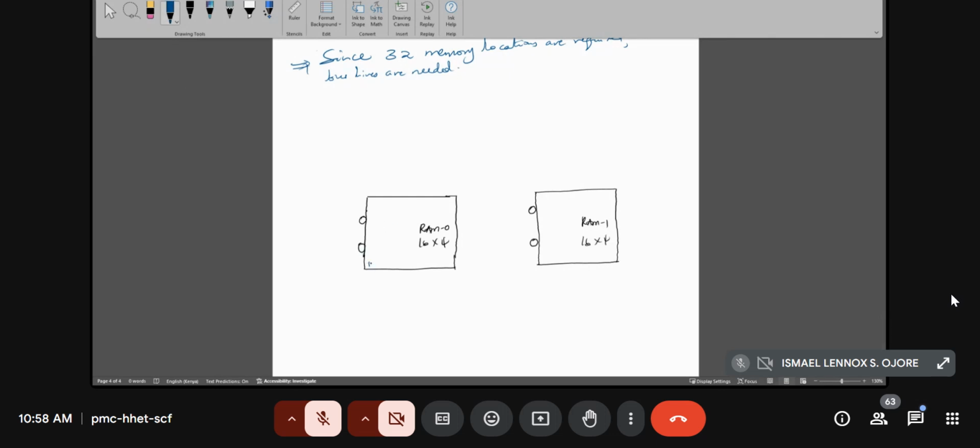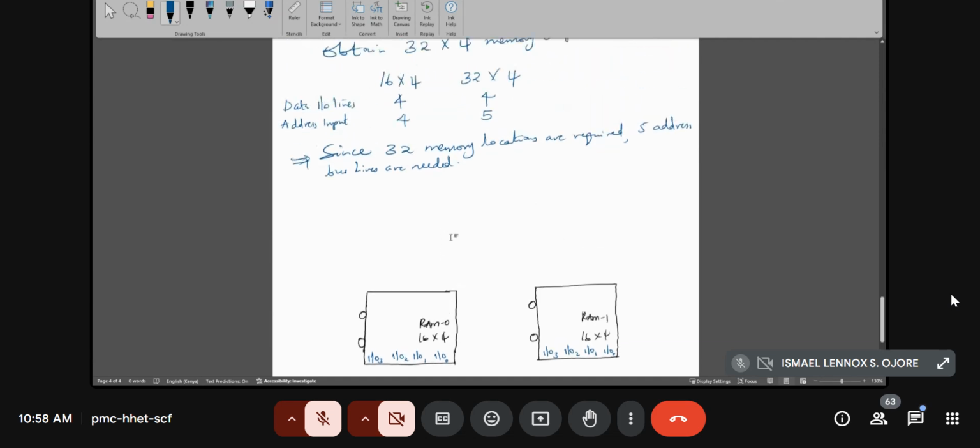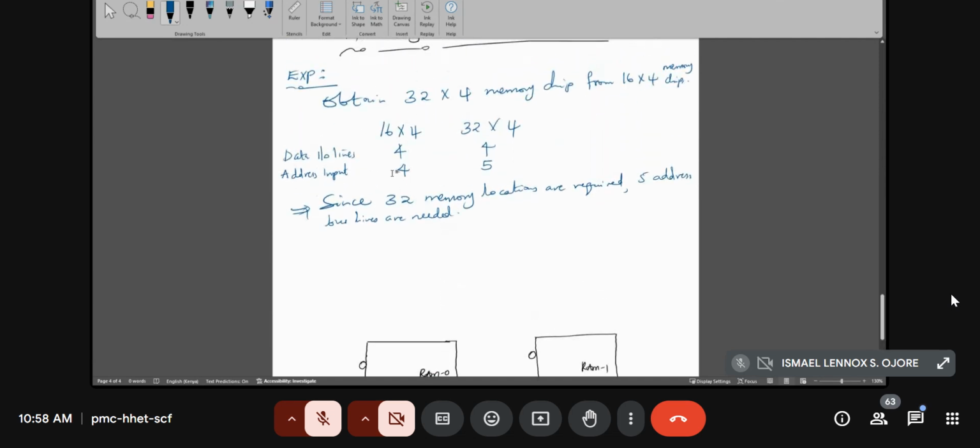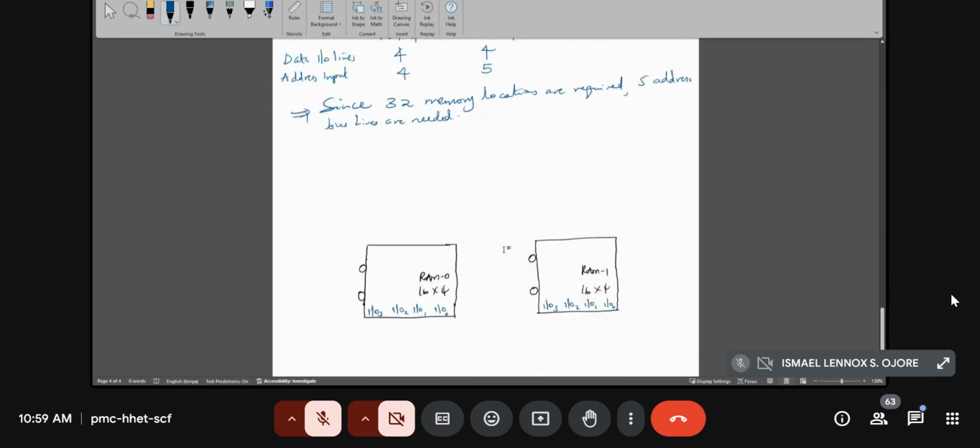So we have input output lines at 4 for each of the chips. And then, because each of these is a 16 by 4, the address inputs are actually 4 for each of these chips.